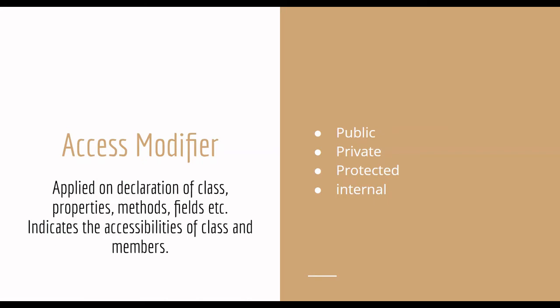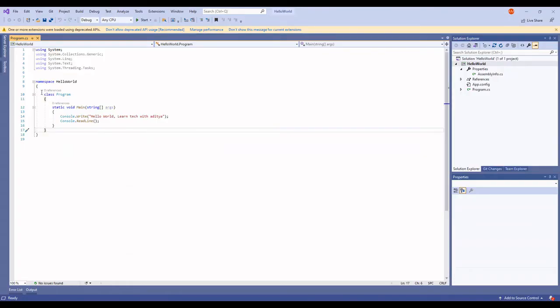If you look at the program, the class is simply written as class Program, but you can also make it public, or you can make a private class, and so on. These are keywords, so you can't use them as a variable name.